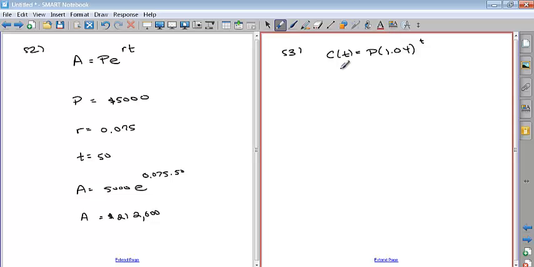Estimate the price 10 years from now. So P is the present value, which is the $23.95, and t is 10. So we get 23.95 times 1.044 to the 10th power. And I get $35.45.